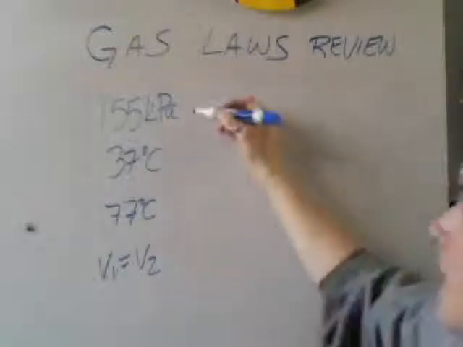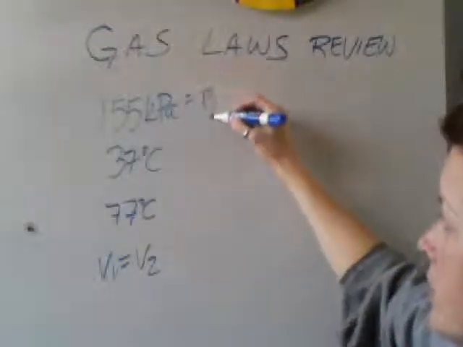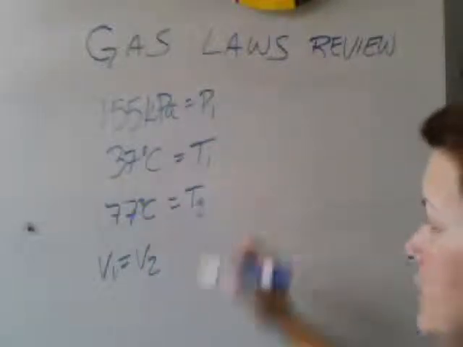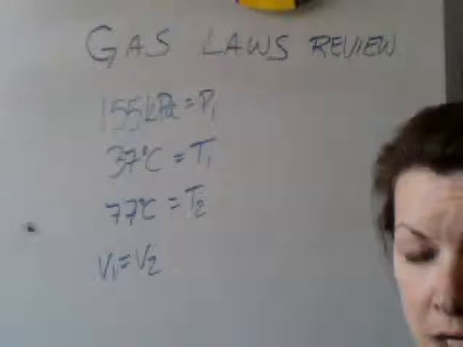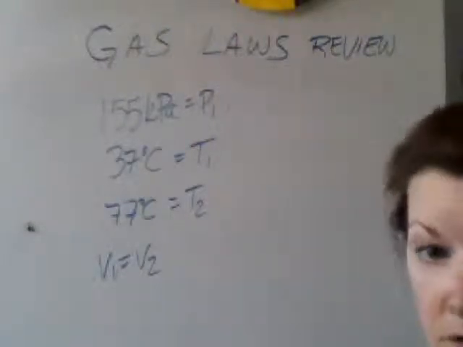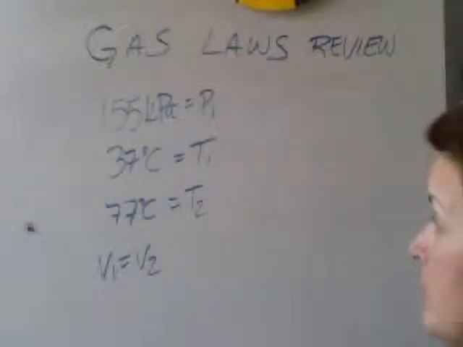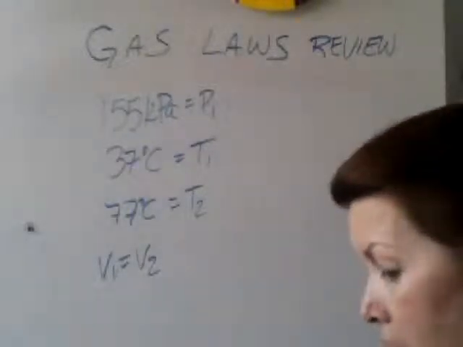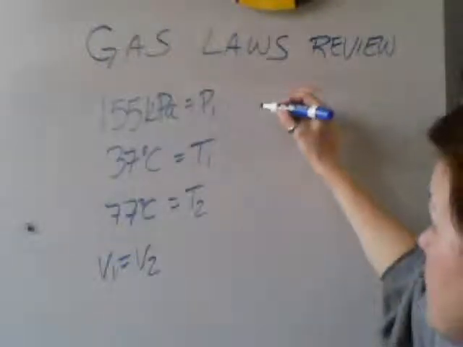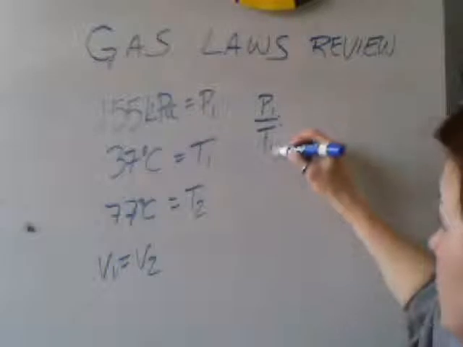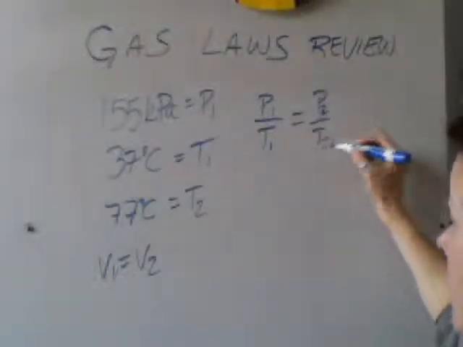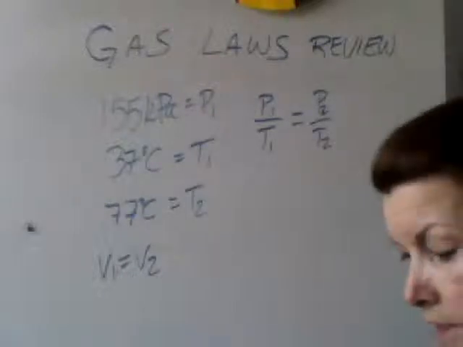So we want to identify that this is our pressure 1, this is our temperature 1, this is our temperature 2. We know the volume doesn't change, so we don't need to use it in our equation. We could use the combined gas law, but since we only have pressure and temperature, we can go ahead and use Charles' law, which says pressure over temperature equals pressure over temperature.